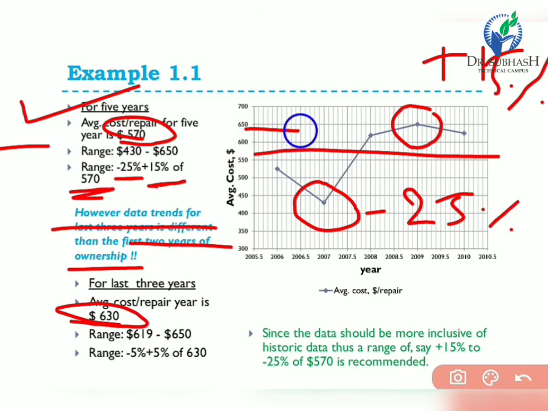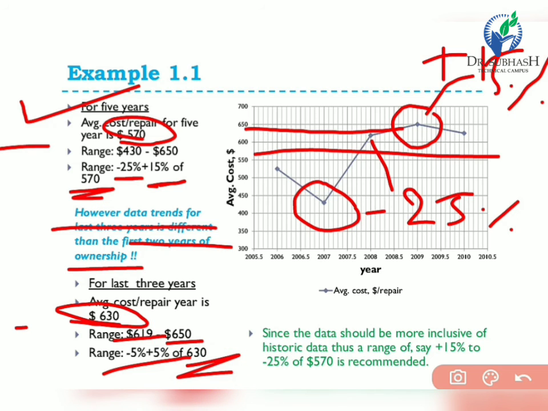It means it's higher than the 5 year data. Now the range is minimum and maximum. Here we show the maximum and minimum range. It is $619 and $615. This range gives a percentage of minus 5% to plus 5% of the average value 630.